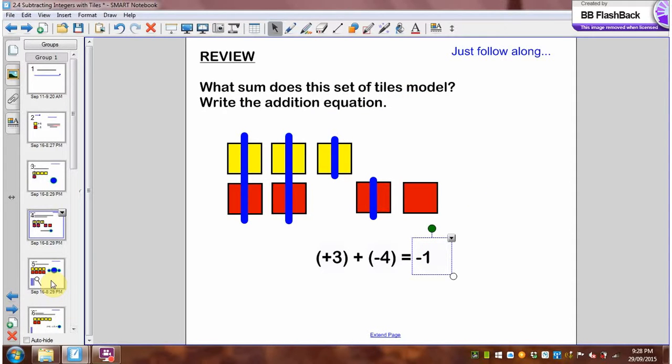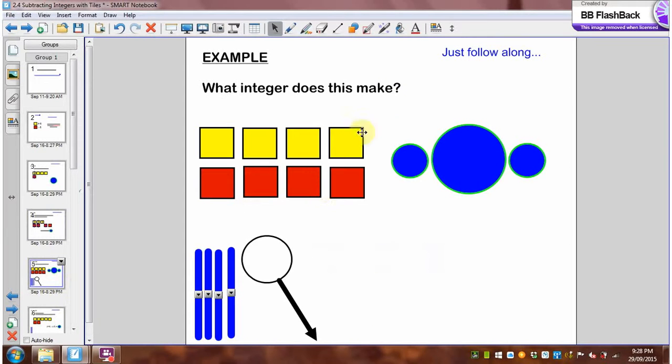Alright, so we're going to talk about something new today. We're going to talk about subtracting tiles. So using tiles to help with subtraction. First of all, just ask yourself, and you can just follow along here, what integer does this make?